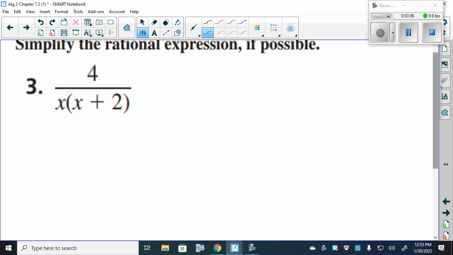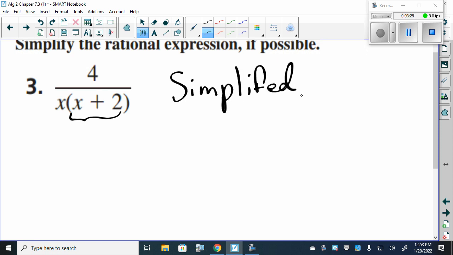We do have a 4 and 2, but unfortunately the 2 is connected with the x plus 2. That's going to be one whole term. So we can't just simplify the 4 and 2 because the 2 is stuck with the x. Is there anything in common on top and bottom? No, it's already simplified. There's nothing we can do to it.